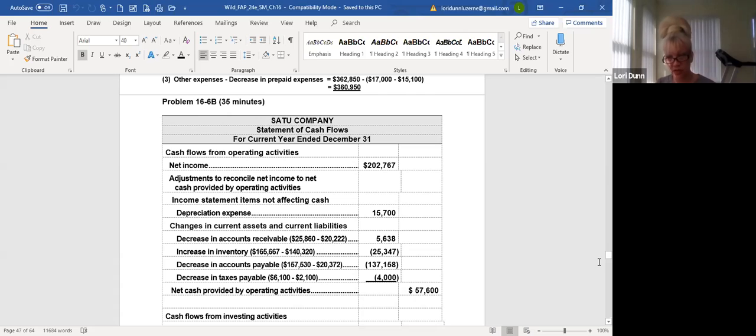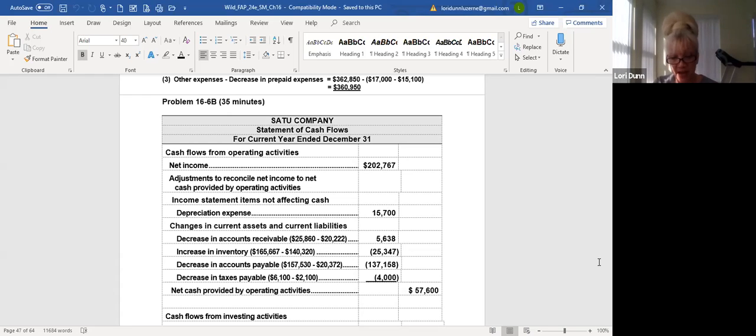We need to know, did they sell any equipment or did they buy any equipment? And it says here in additional information A, this company purchased equipment for $30,250 cash. If they did that, they would have debited their equipment account.